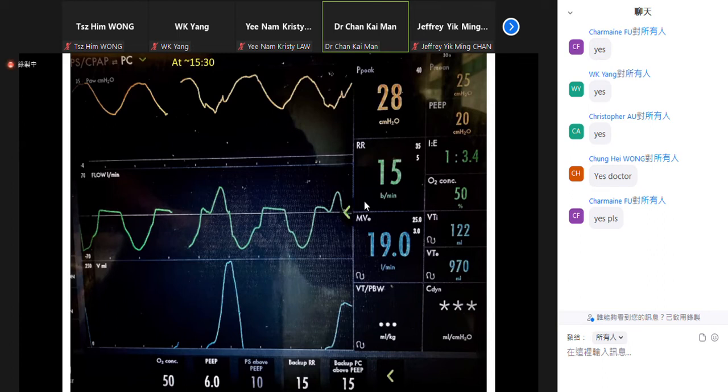Here on the ventilator, it recorded a pressure of 28 and a PEEP of 20. When you look at the waveform, you look at the flow-time curve. The upper one is inspiratory, and below the horizontal line is expiratory. You can see that there are periods of inspiratory flow followed by expiratory flow.